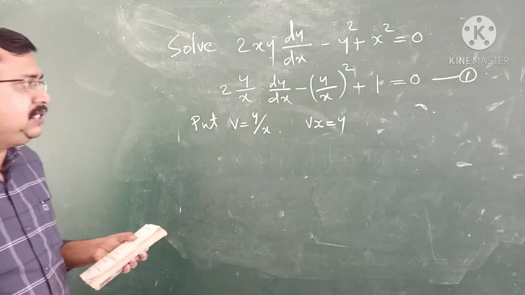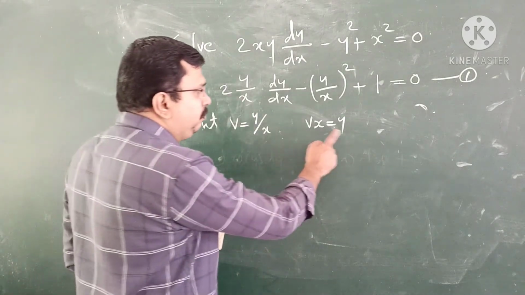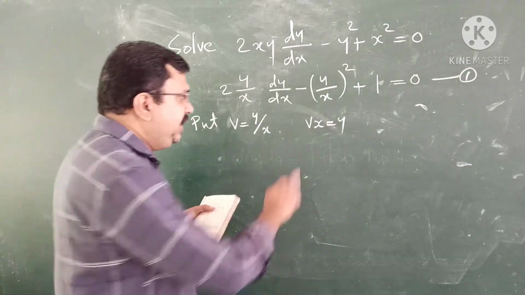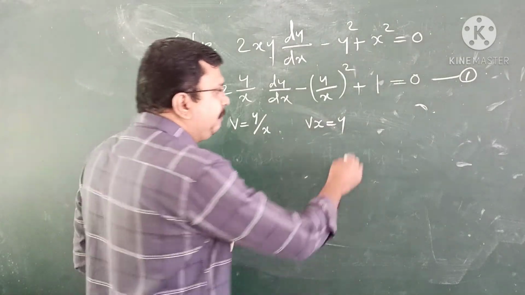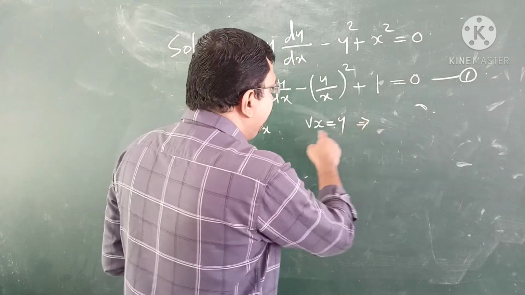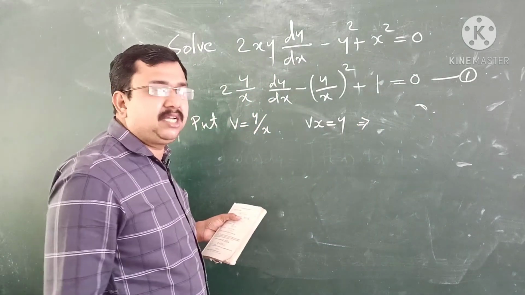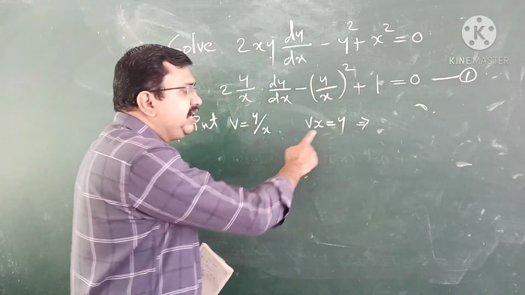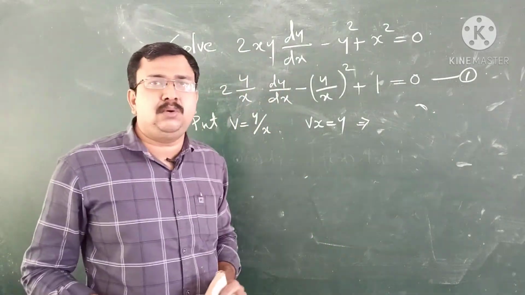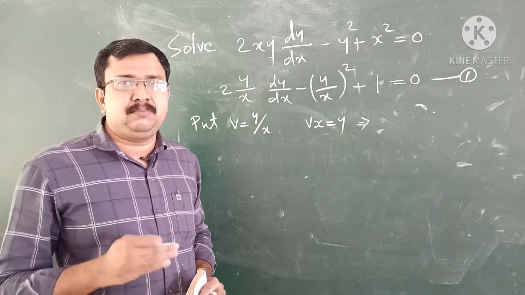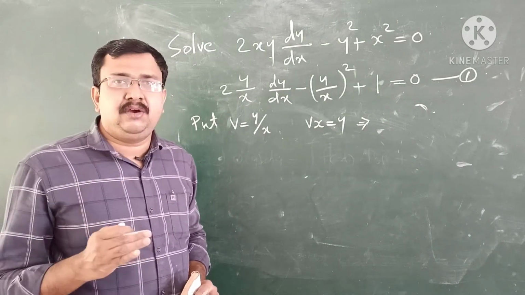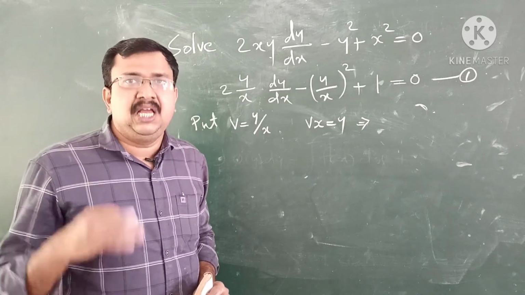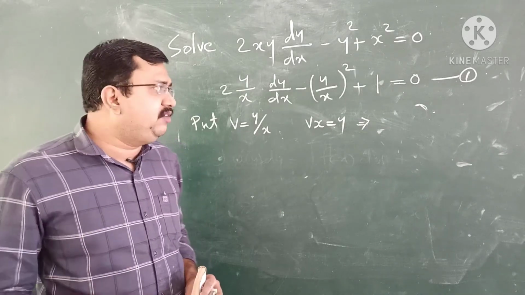Next step is differentiating on both sides with respect to x. V into x requires the product rule, where the first function is v and the second function is x. The product rule says: first function into derivative of second plus second function into derivative of first.